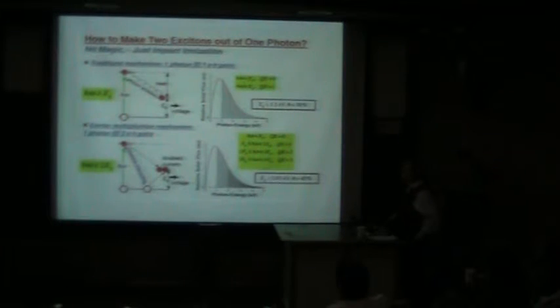And finally, there is some physics, of course. The most dramatic physics in photovoltaics right now is the following. All of us know from textbooks that one photon can generate one electron and one hole.